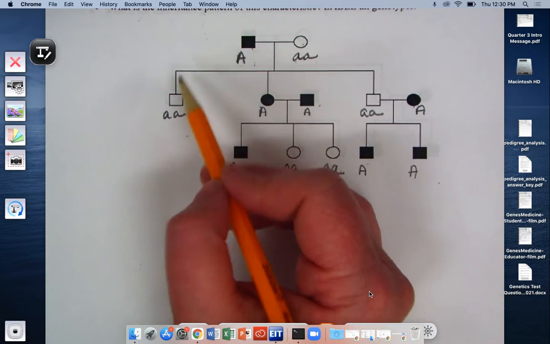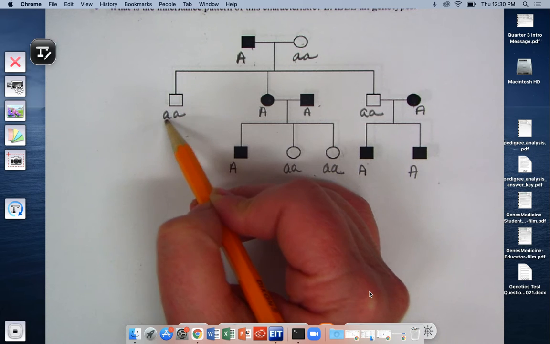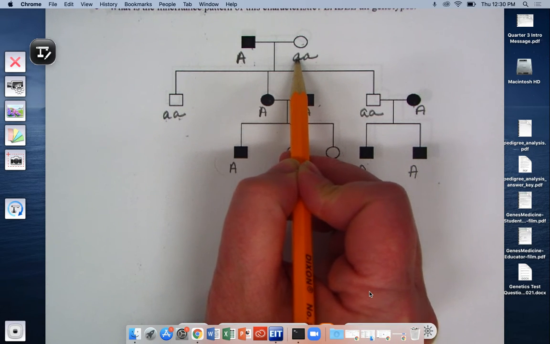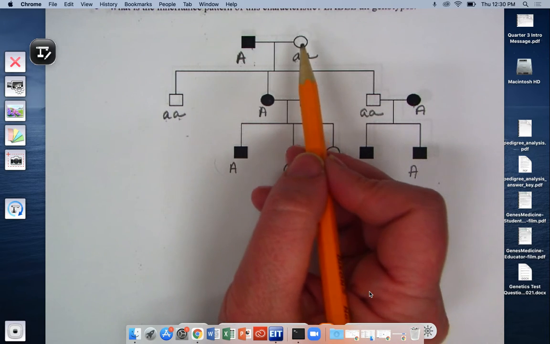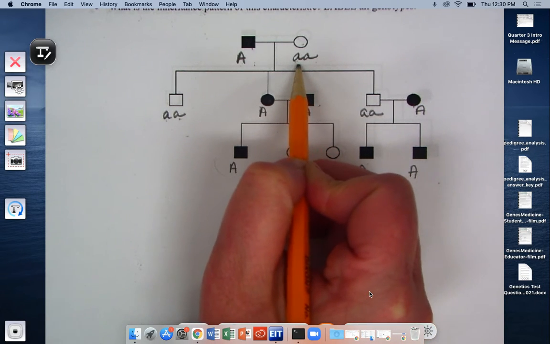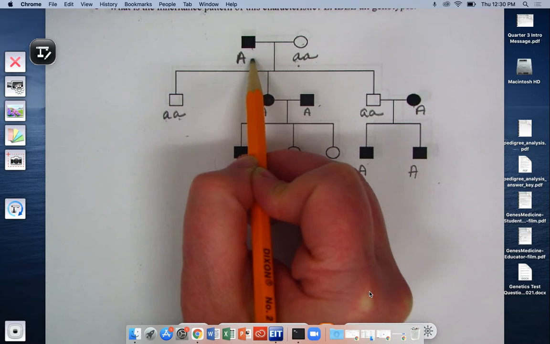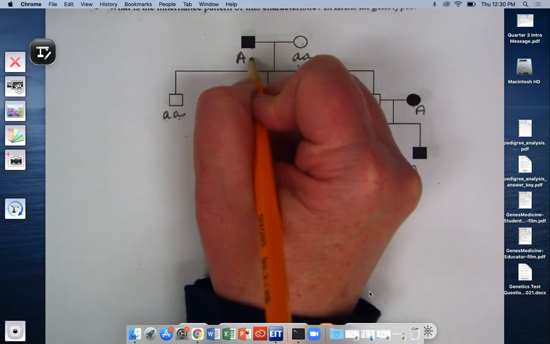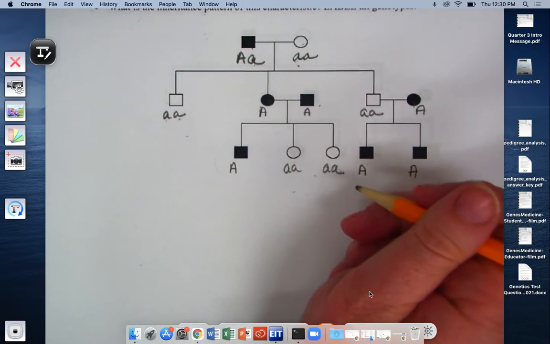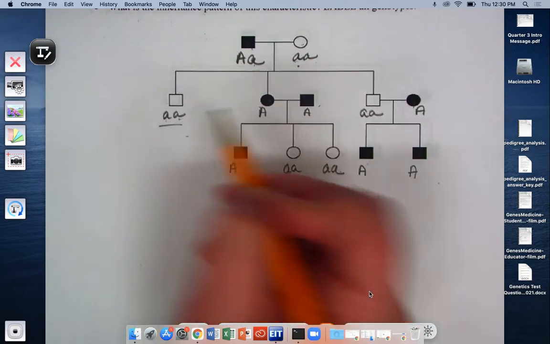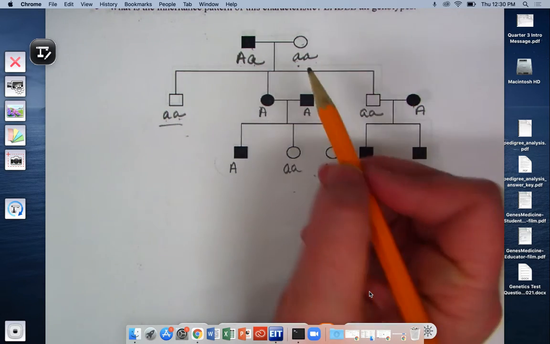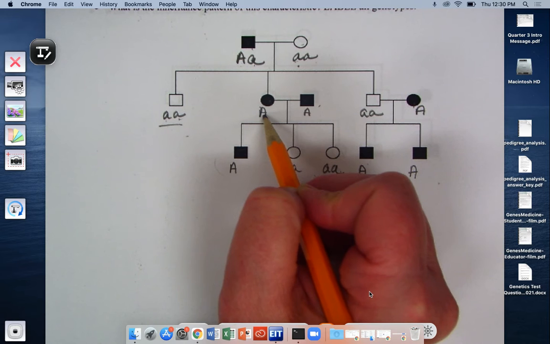So a lot of times I work backwards. So if this child is little a, and they got one of them from this parent, they did not get both. They cannot do that. They only got one. So what would this parent have to have? This parent would have to have a little a. That's the only way you get this child. How about here?